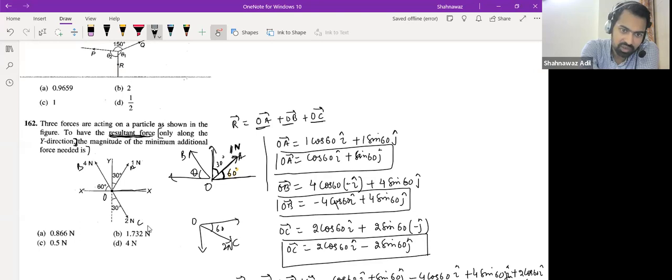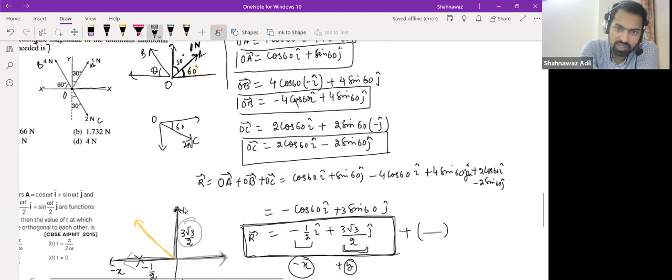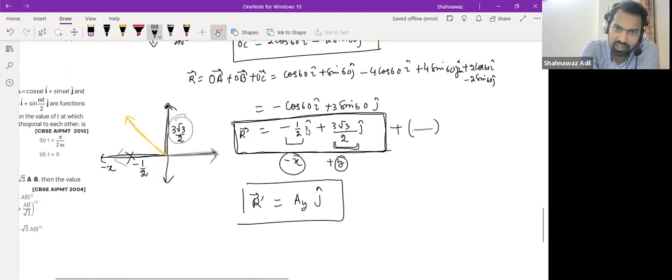This is the resultant that we get, and what should we add so that this part gets cancelled? So what is the answer, guys? What do I add to this vector so that I get only the y component?